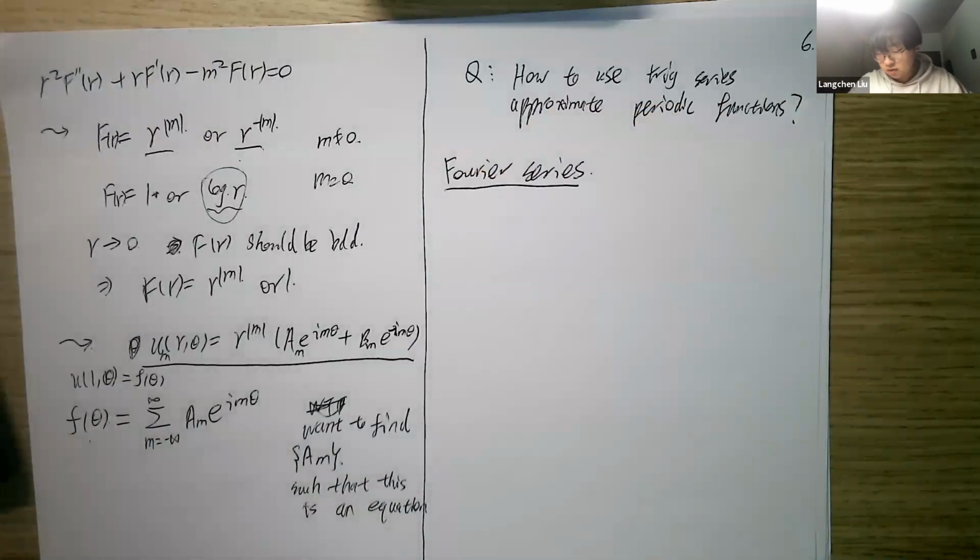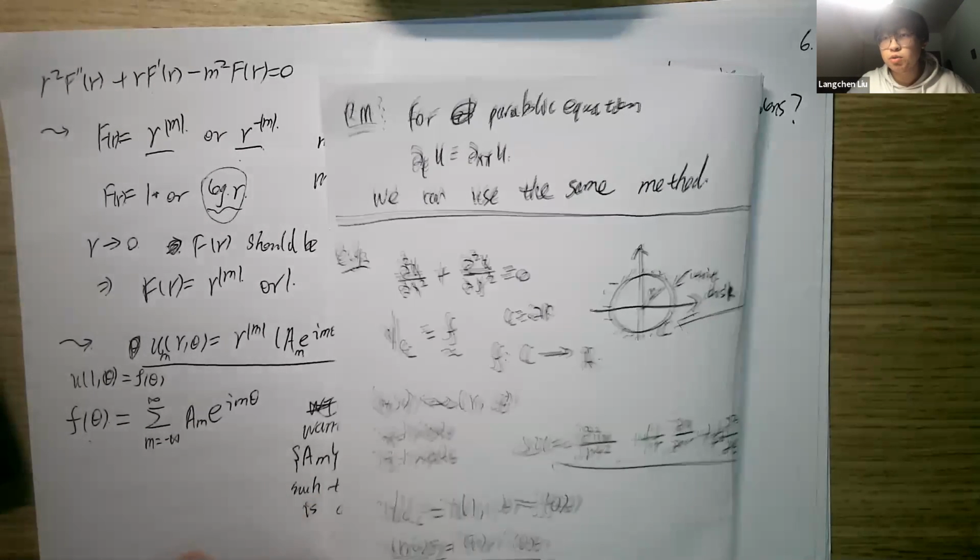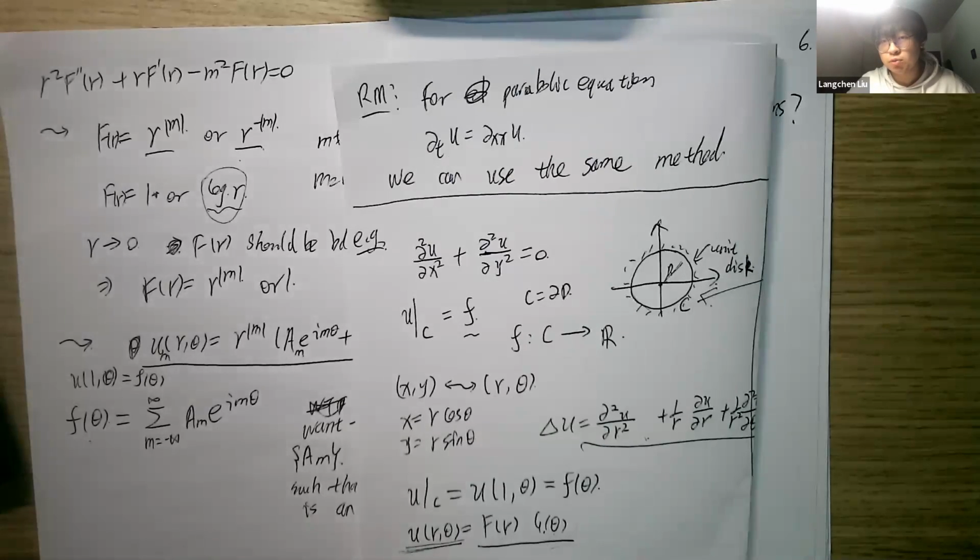Yes, actually. When you are taking the Laplacian of u, as far as I can remember, say u is a function of x and y, the Laplacian of u is partial squared u partial x squared plus partial squared u partial y squared.